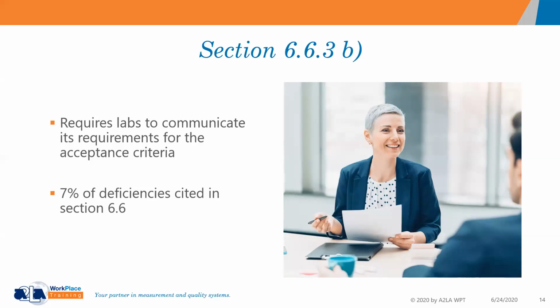It requires labs to communicate their requirements relating to acceptance criteria to the external providers. In the previous version of the standard, there was a requirement for the lab to have some sort of documented process for this, as well as a record of doing this. Those have both been taken away, so now there's no record or document required for this particular section.